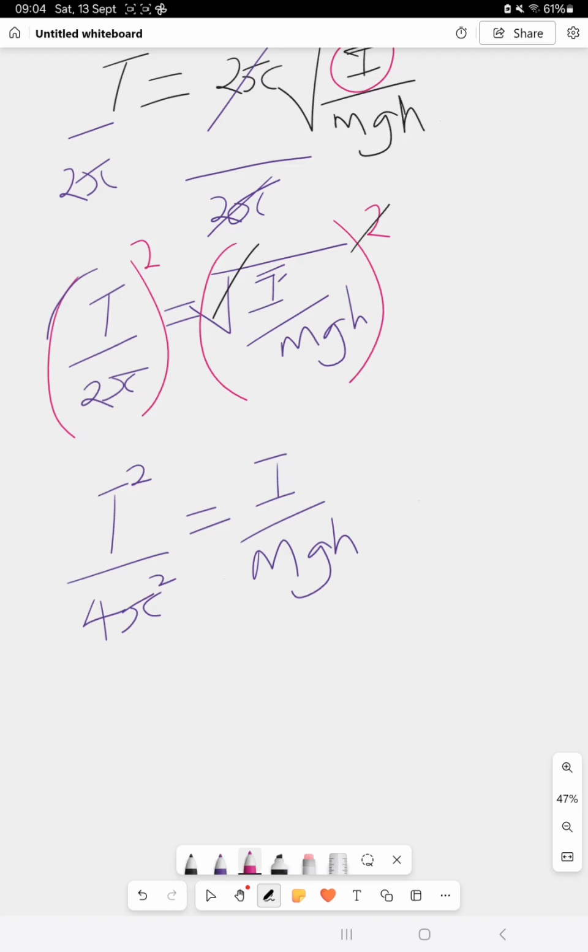Don't forget we are interested in I, therefore I cross multiply. Now I'll have to cross multiply this one there and then this one here.